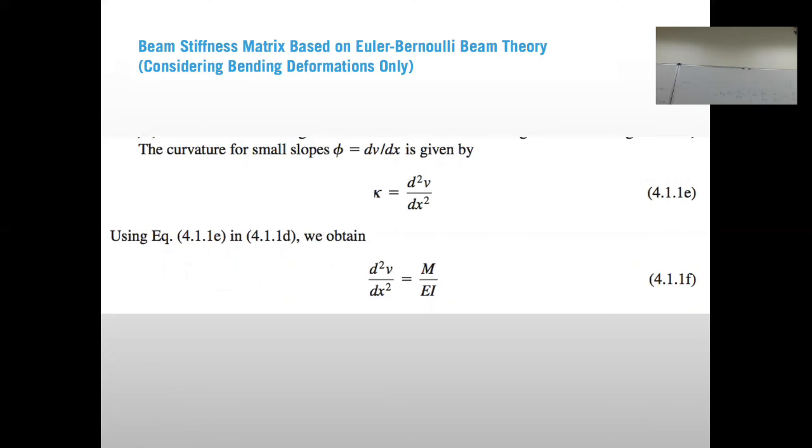If you know the deflection, you can find the shear and the moment. So shear and moment are secondary unknowns. Once you know the deflection, you can find the moment. That's why we need this formula.